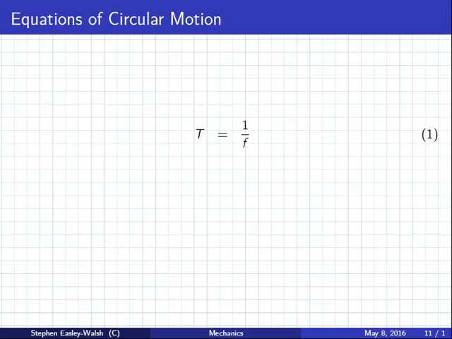Next formula. The angular velocity is equal to 2 pi over T. That's the second formula. The third formula is a way to calculate v: v equals omega r.